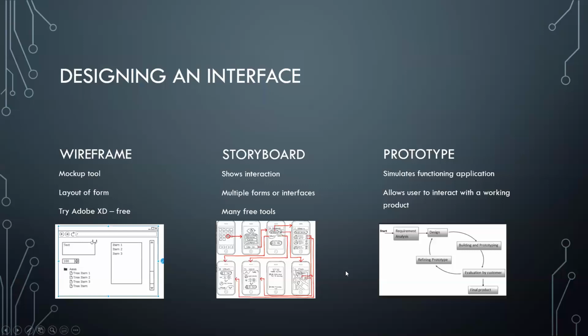Now, a third term is a prototype. A prototype simulates the functioning application. So I'm going to have things like buttons that pop up with a message to say this button was clicked, or something's going to happen. But that allows a user to interact with the working product. For example, in this storyboard, it might be good for us to have a prototype where each of these events was actually wired to the next form design so that we can make sure it was a logical flow to the user, because they might find that confusing depending on what we're looking at.